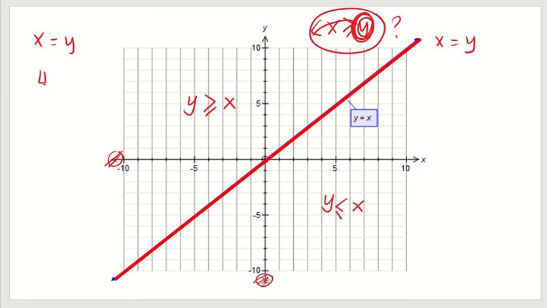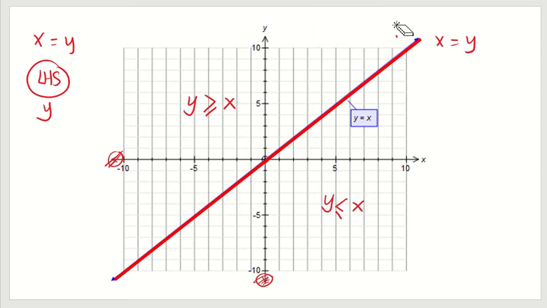X doesn't matter, x you want to put at the left or right is up to you. The important thing is y must be at the left hand side. Another thing you need to remember is y must be positive at the left hand side. Y cannot be negative at the left hand side. Remember these two things: first, y must be at the left hand side; second, y must be positive. It's very important.